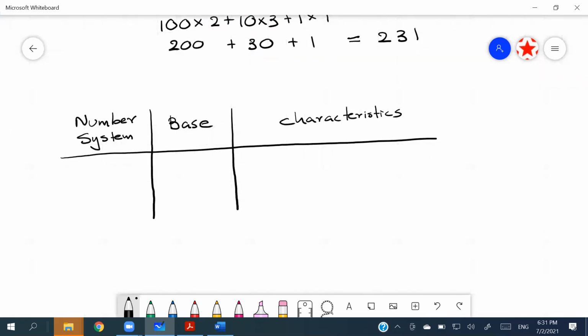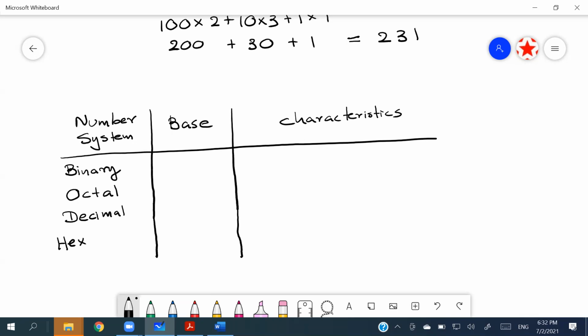Now we are going to learn about 3 particular number systems, because we know the decimal number system, right? So we need to learn about the binary number system, octal number system, and the decimal number system. We are not going to learn about that, but we are writing it because we need to have the comparison, right?